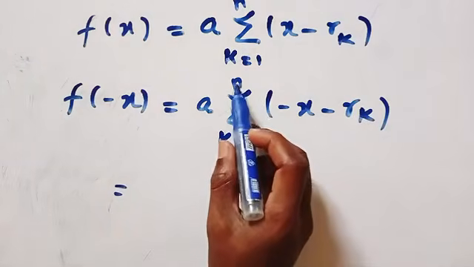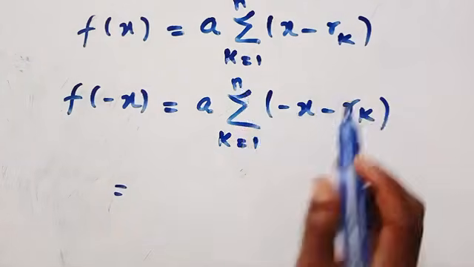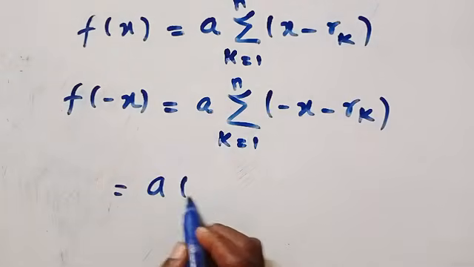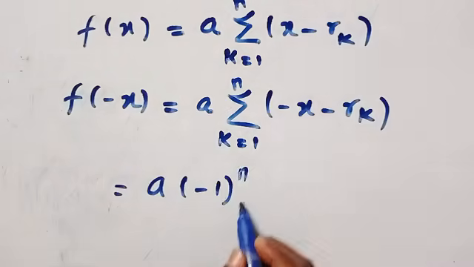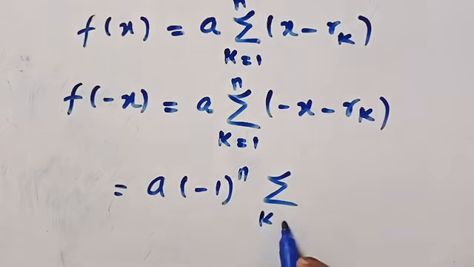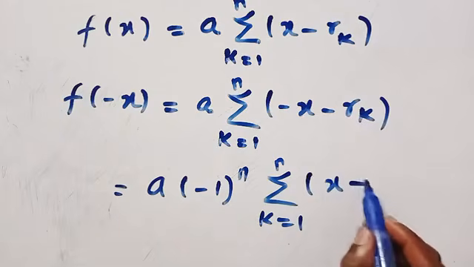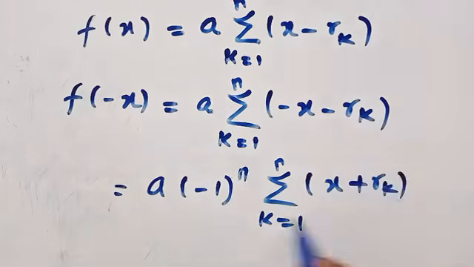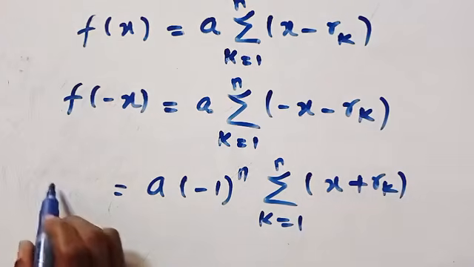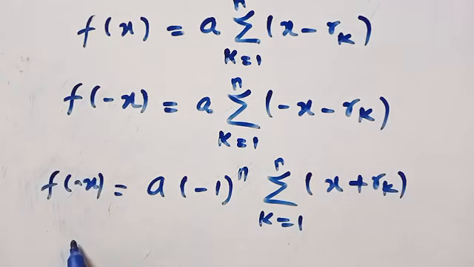And don't forget that k ranges from 1 to n, so it affects all of these. By factoring out the negative, we are going to have a into bracket of minus 1 raised to power n, then the product for k equals 1 to n of bracket x plus rk. So taking out the negative, all this becomes positive. And this is for f of minus x.